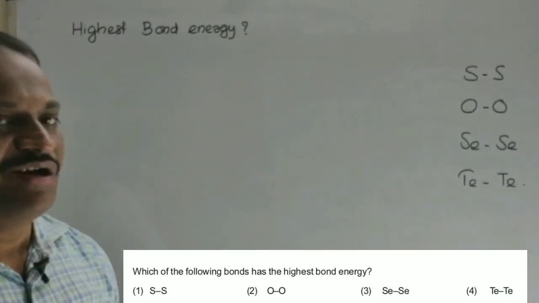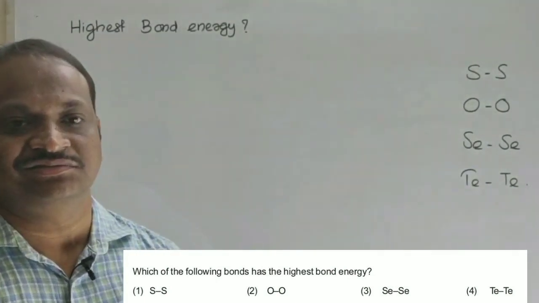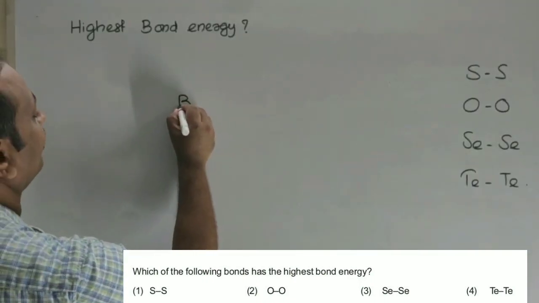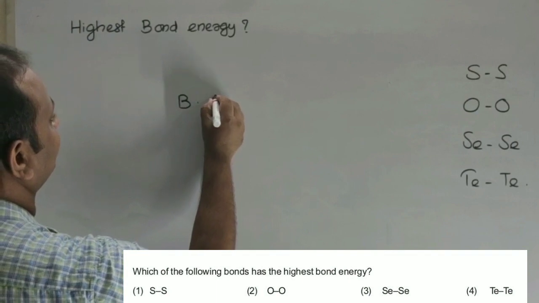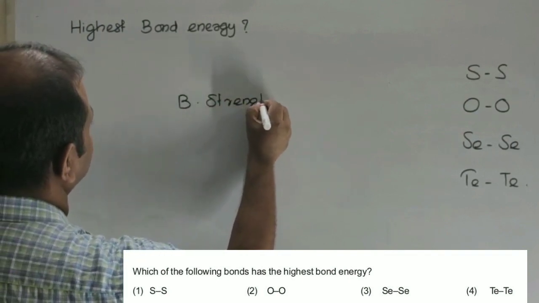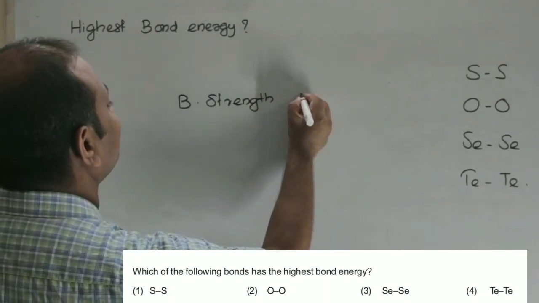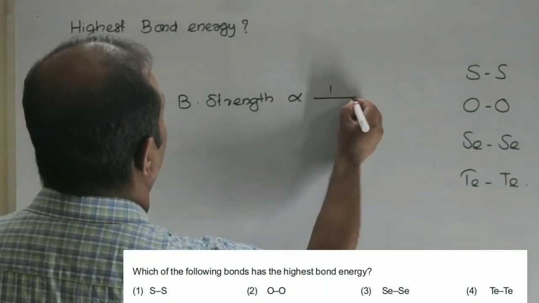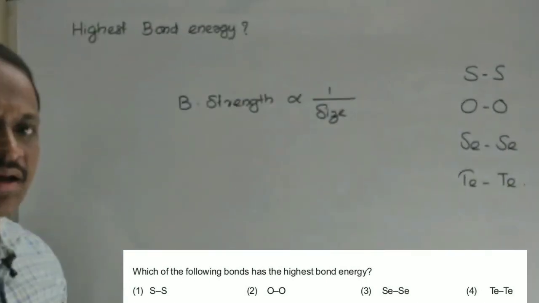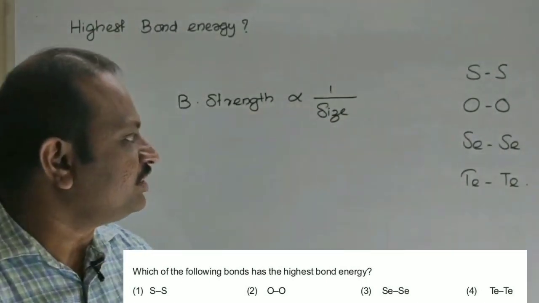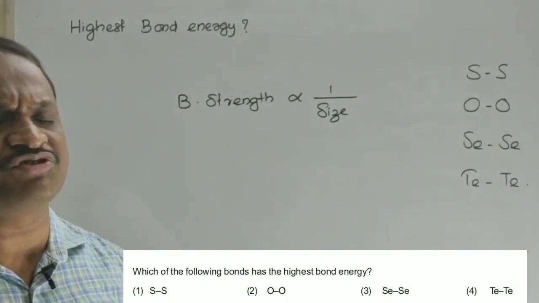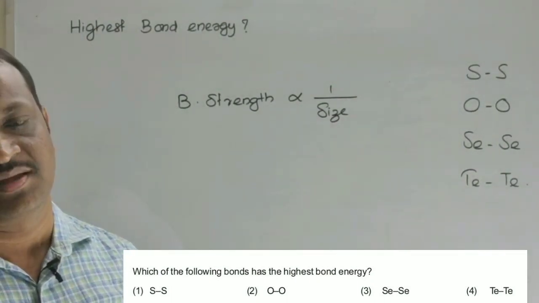The concept we studied: bond energy, so I can say bond strength, first point I am writing, bond strength is inversely proportional to size. That's what we studied. If bond strength is inversely proportional to size, bond energy is also inversely proportional to size.